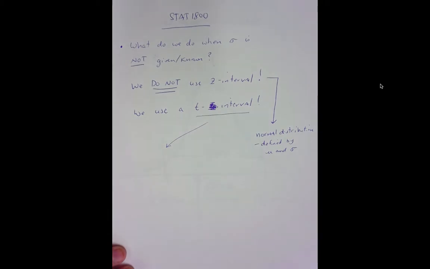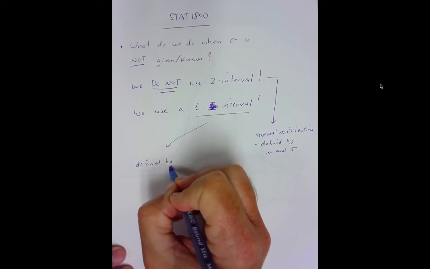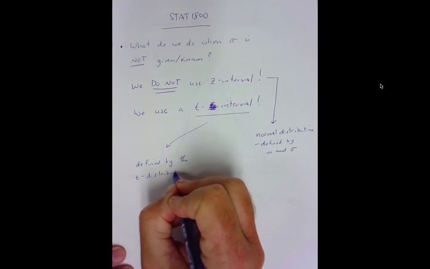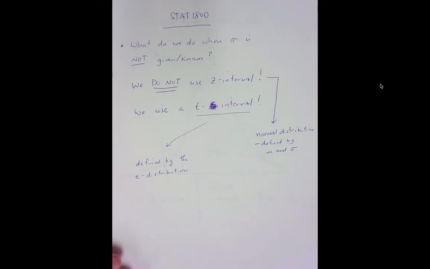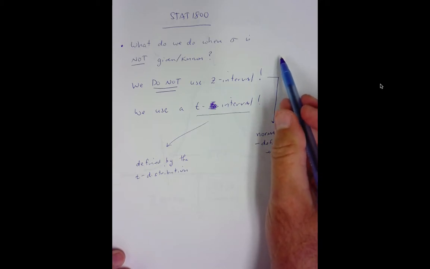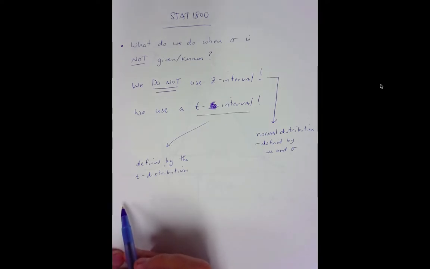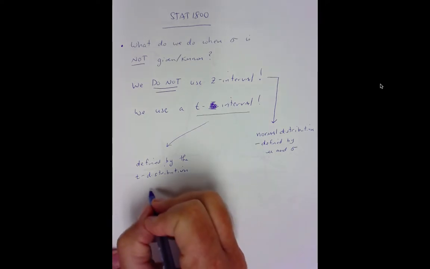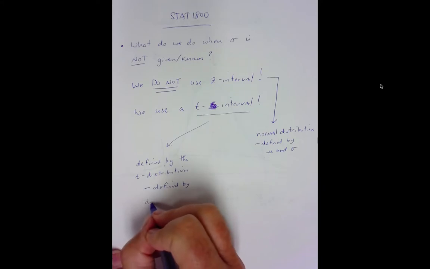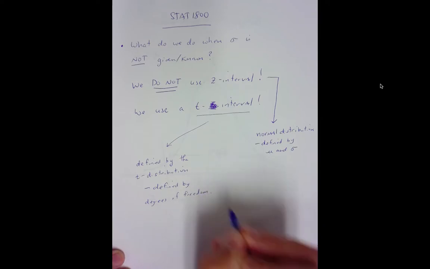A t interval works differently. A t interval is defined by the t distribution. So instead of using a normal distribution that we use when the population standard deviation is known, we use something called a t distribution when the population standard deviation is not known. A t distribution is defined by its degrees of freedom.